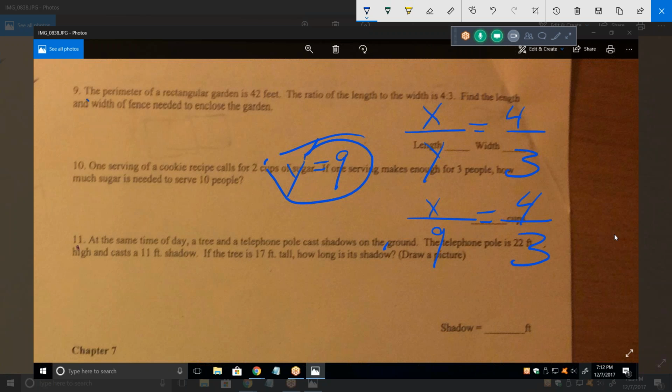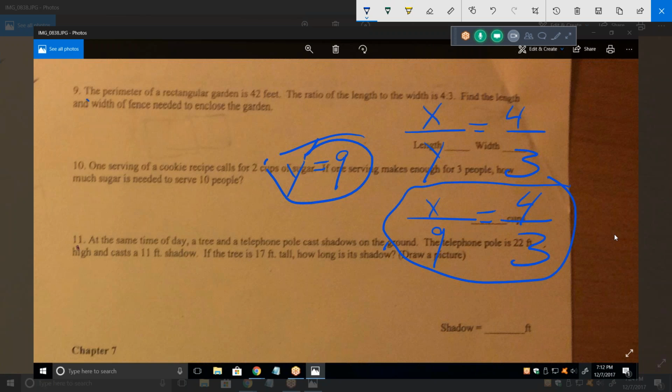What's the thing you got to get rid of? What do I have to get rid of to solve for x? You got to get rid of any other number that's over there. What number is over there? No, it's on the same side as the x is.